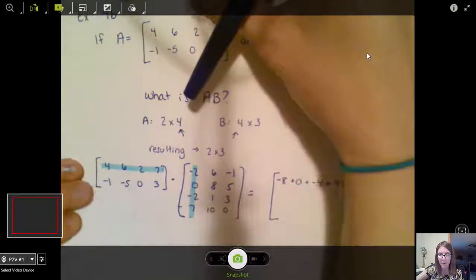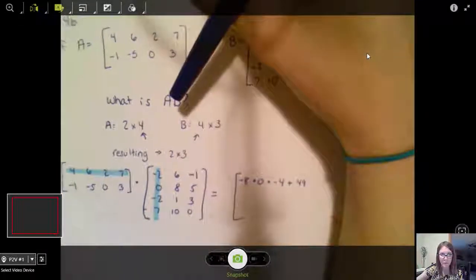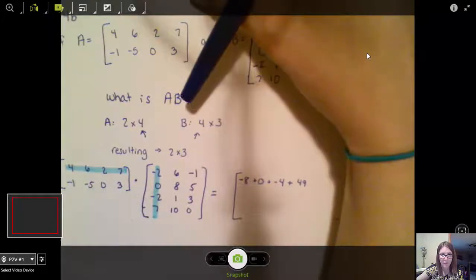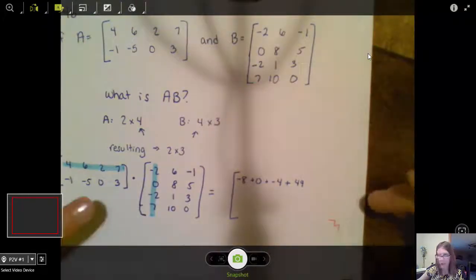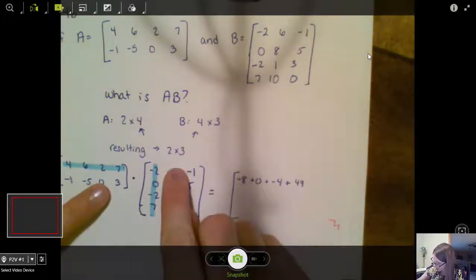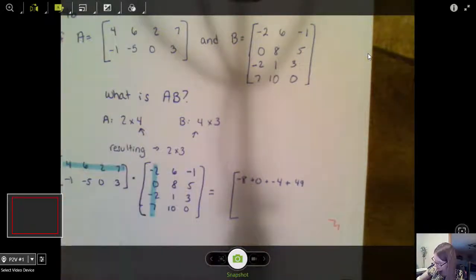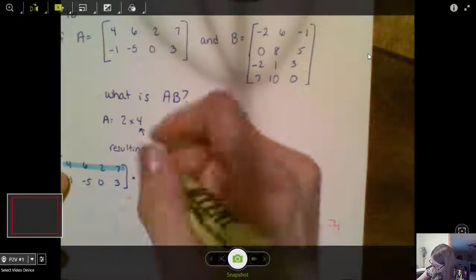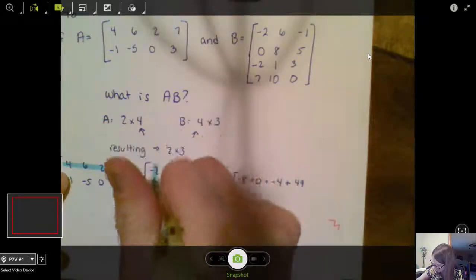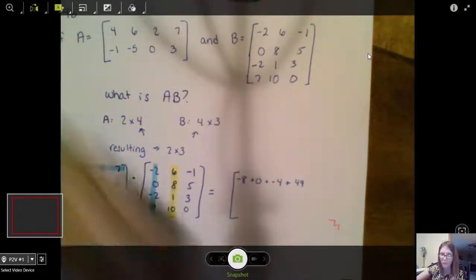I need a little bit more room on my paper here. Okay. My next entry, my top middle, comes from my first row and my second column.